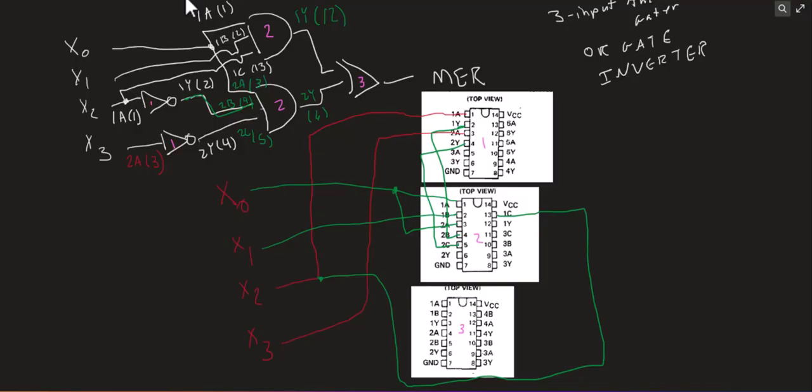So, all right, and then lastly, we have our OR gate. We only need 2 inputs for that, so we can use 1A and 1B. So I'll have 1A, and that's pin 1, and 1B, and that's pin 2. And those are coming from pin 12 and pin 6 from this one.